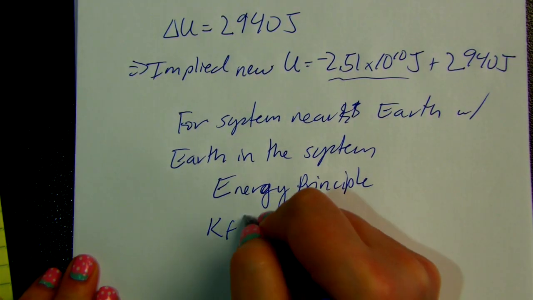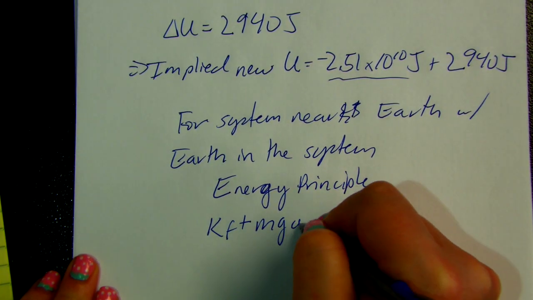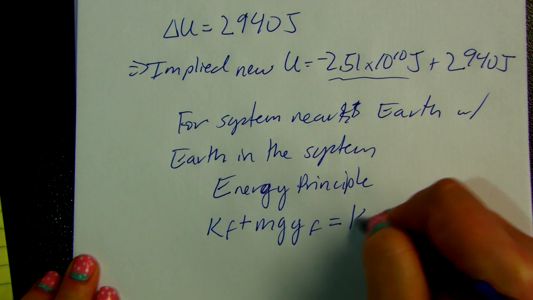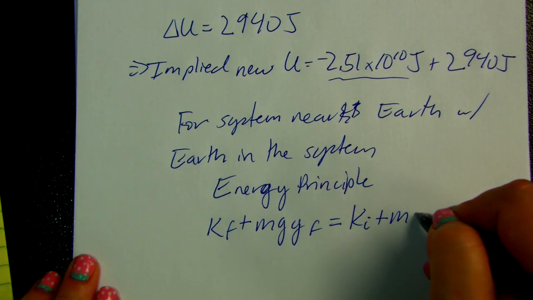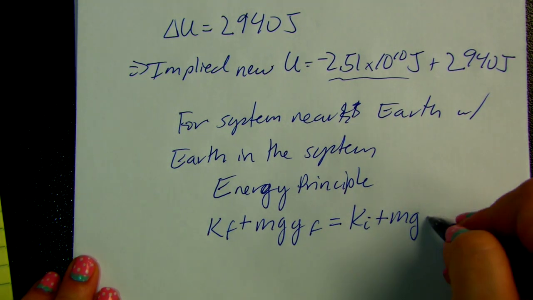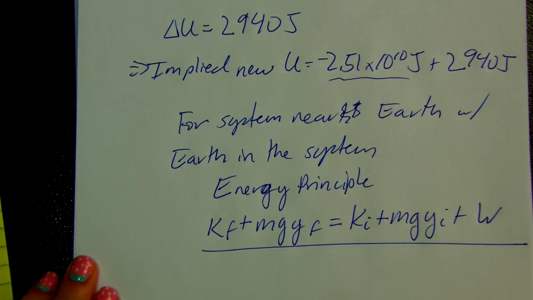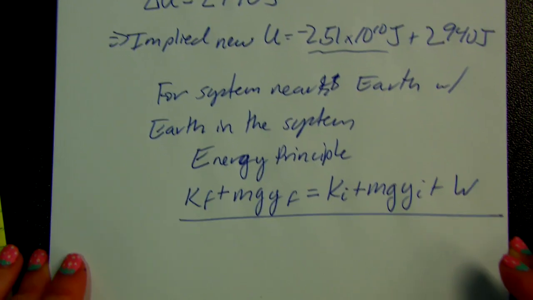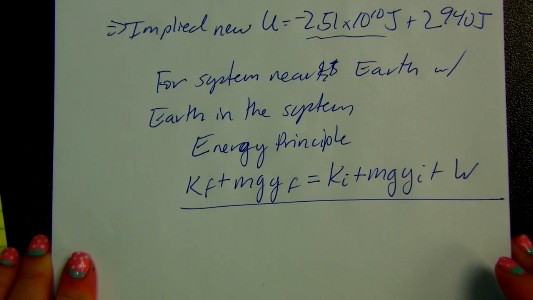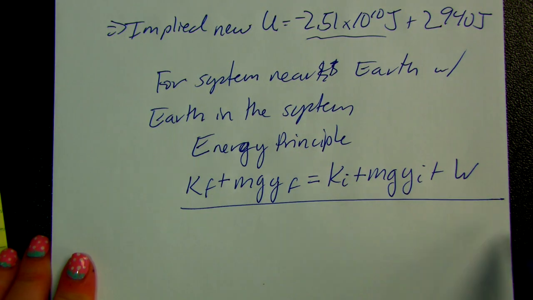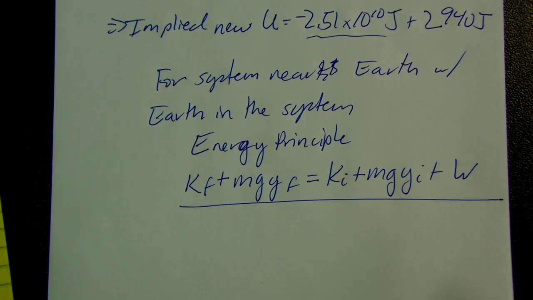So K final plus mgy final is equal to K initial plus mgy initial plus work. By the way, this is a very good equation to memorize if you have a standardized test in your future with physics equations. So this is what typically you're looking at for a near-Earth system.